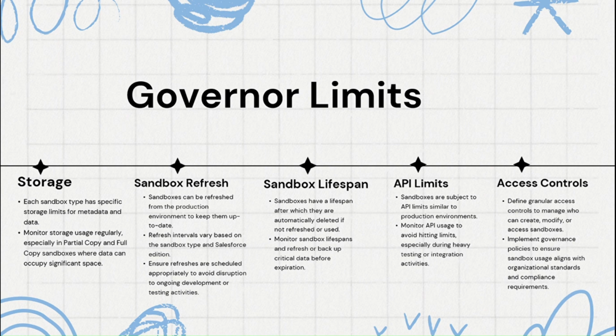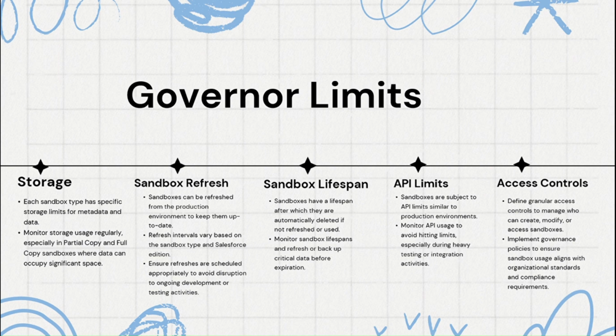If a sandbox is automatically deleted, we cannot refresh it and we cannot use that sandbox anymore. Monitor sandbox lifetimes and refresh or back up critical data before expiration. Once the org is deleted or expired, we cannot retrieve the data or backup, because it has expired.